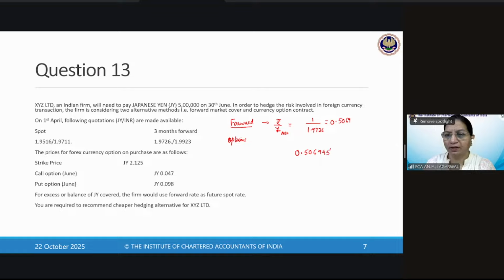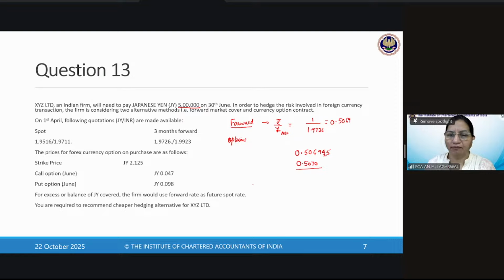It is 0.506945. So either you can use this digit and leave it at 0.5069, or you can see this is 5, which makes it 0.5070. So whatever you use is up to you here.